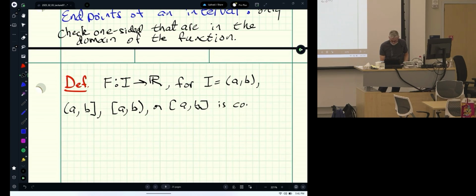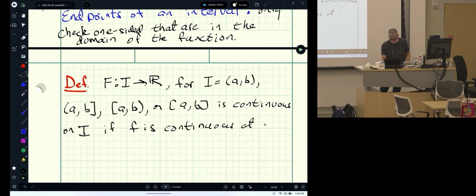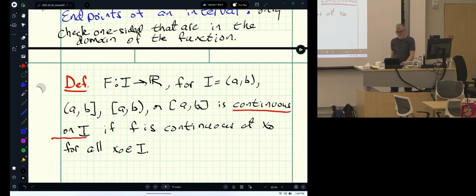is continuous on I if f is continuous at x0 for all x0 in I. Otherwise, it is discontinuous.